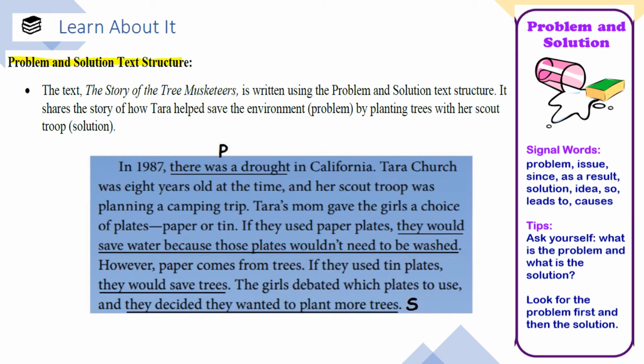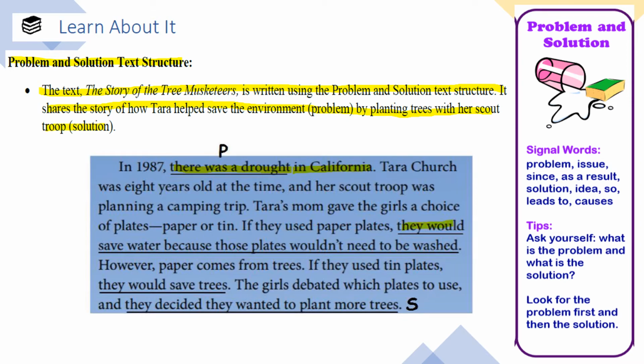Problem and solution text structure. The text, The Story of the Three Musketeers, is written using problem and solution text structure. It shares the story of how Tara helped save the environment, which was the problem, by planting trees with her scout troop, which was the solution. So you can see there was a drought in California. That was the problem.